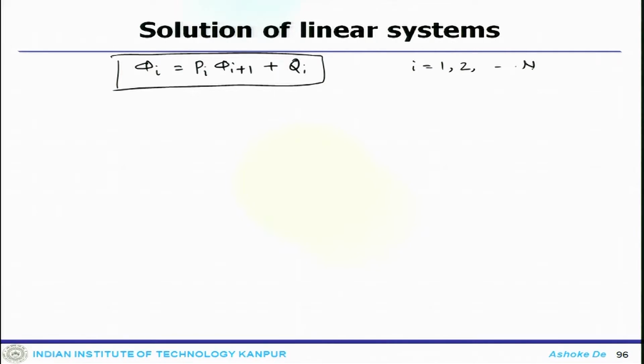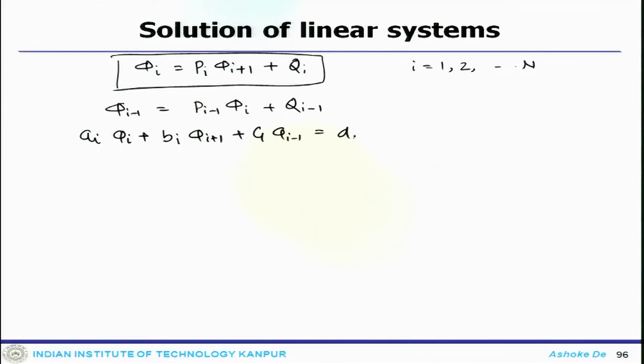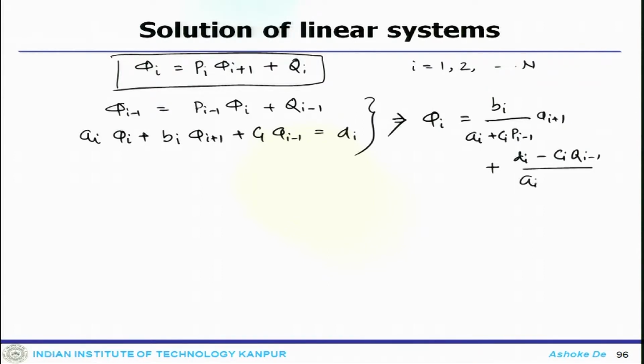Now, if you combine with the equation for i, using p_(i-1) and q_(i-1), from a_i phi_i plus b_i phi_(i+1) plus c_i phi_(i-1) equals d_i, you get phi_i equals minus b_i by (a_i plus c_i p_(i-1)) times phi_(i+1) plus (d_i minus c_i q_(i-1)) divided by (a_i plus c_i p_(i-1)). So, that is what you get.